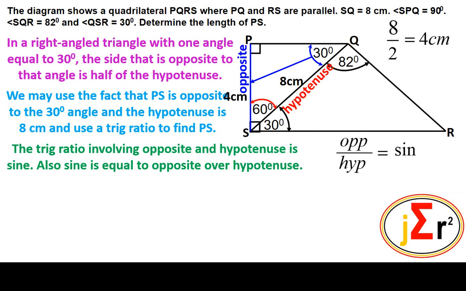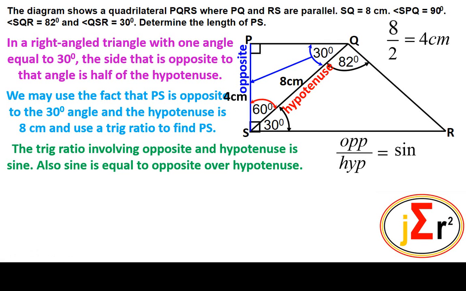PS is opposite to the 30 degrees angle, and we are attempting to find PS. Now we already found the length of PS. However, we are just using another method to find the length of PS.